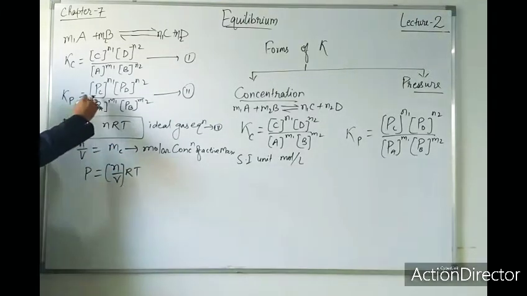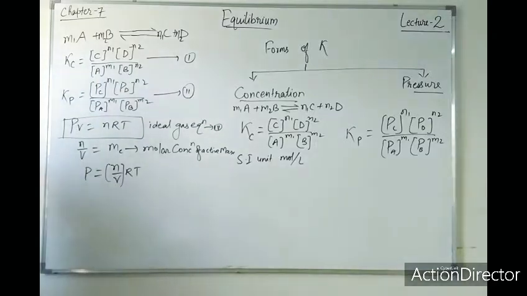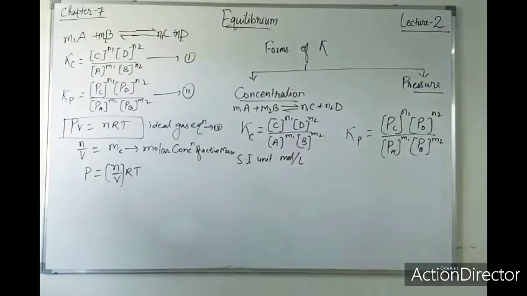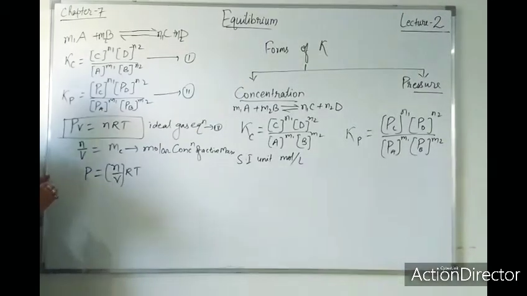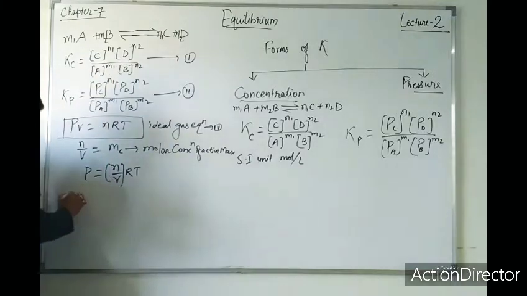So in terms of Kp, what can we write for PA, PB, PC, PD?